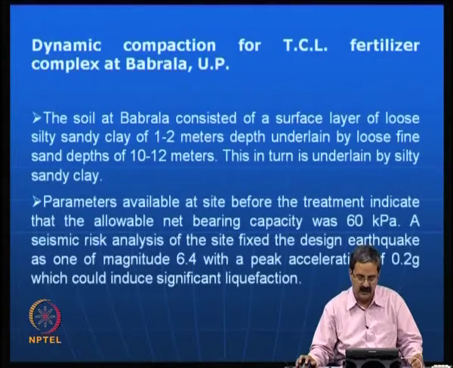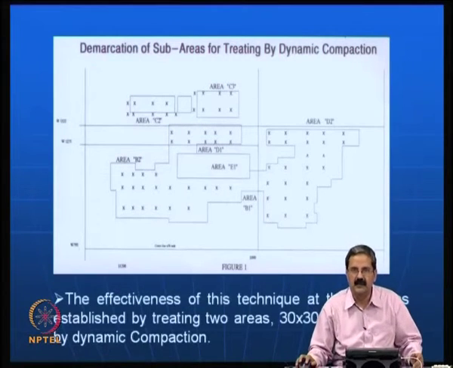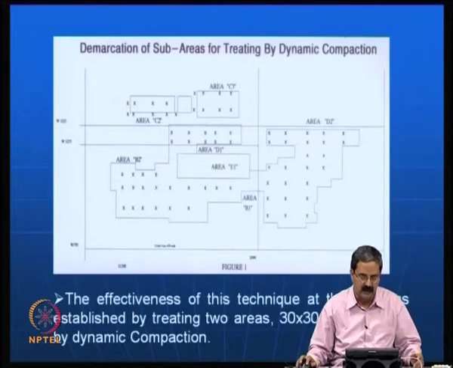So what they observed was that if you have this sort of acceleration coming to the site, then since the material is of loose sandy type, there is a possibility of significant liquefaction, and they do not want that. So they wanted to essentially go for a ground improvement technique, which is dynamic compaction.